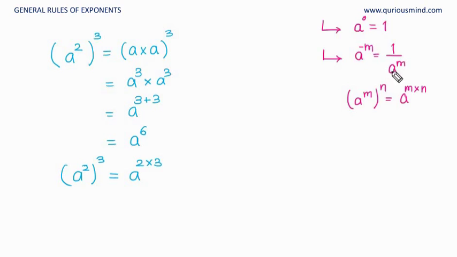And the third rule we got is if we have a number raised to number whole raised to another number. So a raised to m whole raised to n, then the base remains same and we multiply the powers m into n. So we have got now total 7 rules, 2 like base rules, 2 like power rules, and these 3 general rules.